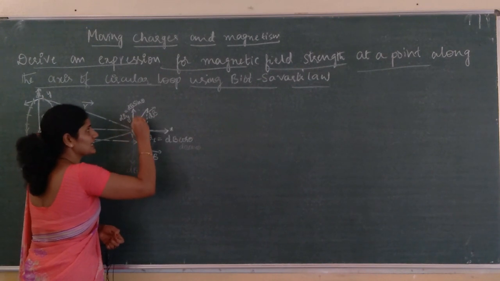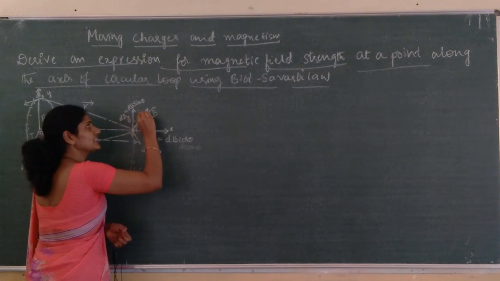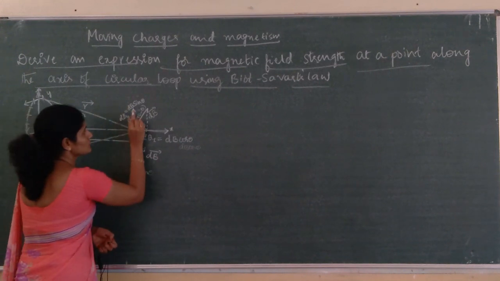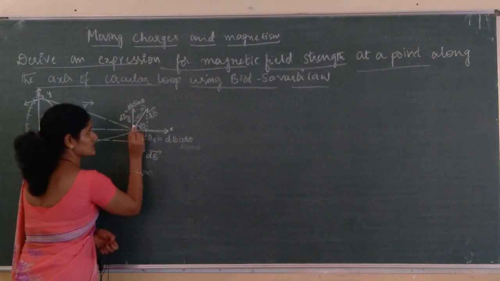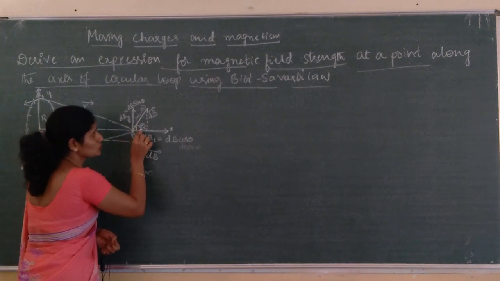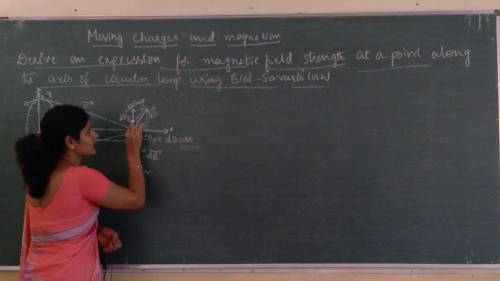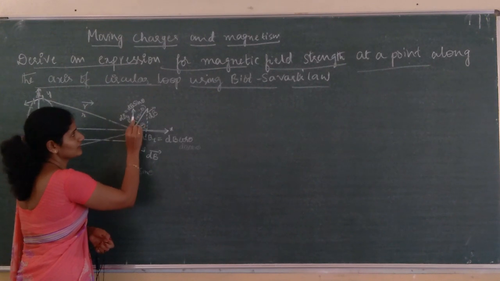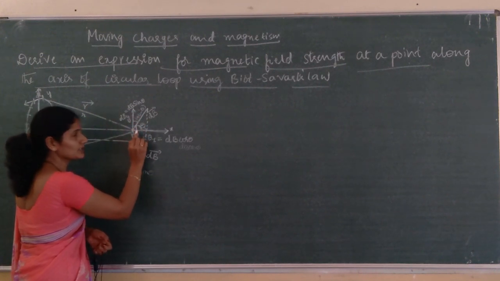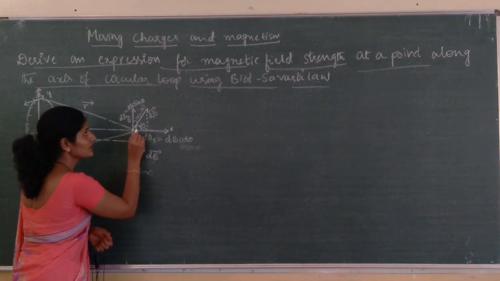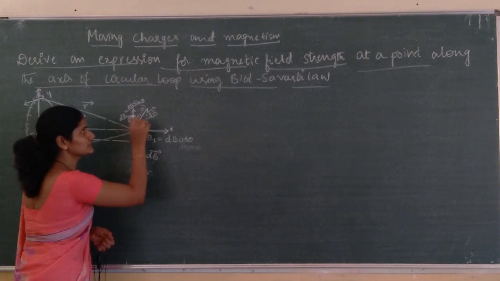That means this angle is 90 minus theta, right. So the angle between dB vector and dB sin theta is 90 minus theta, because the total angle is 90. 90 minus theta plus theta is nothing but 90 degree.